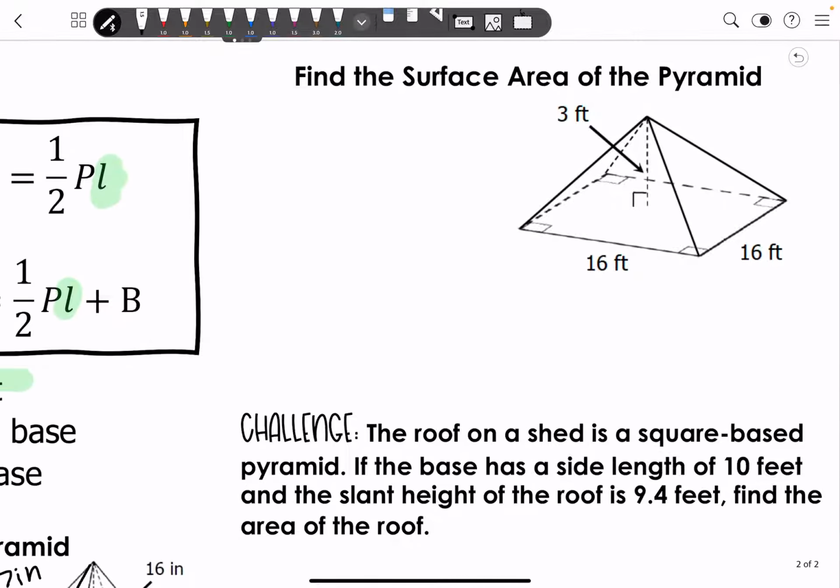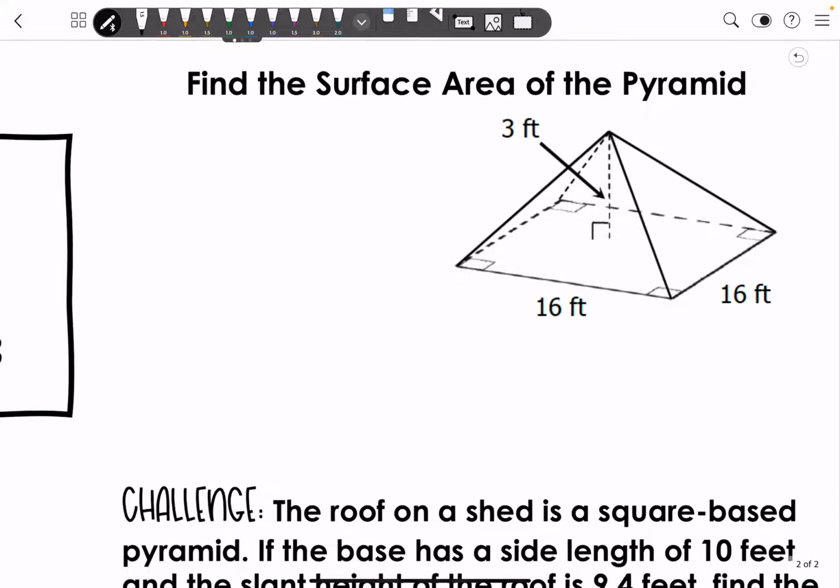All right. Now, sometimes you're not going to be given the slant height, but what you are going to be given is the actual height and side lengths to find that out. I want you to remember that this apex right here is dropping down vertically and perpendicularly to the center of that base, and that's what gives us the height.